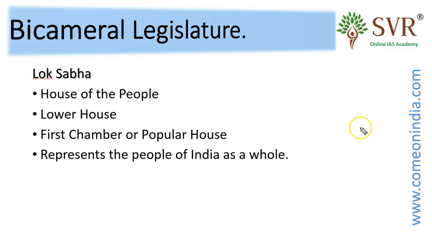The Lok Sabha exercises more power when compared to Rajya Sabha. As of now, we are focusing on the introduction to Parliament, so this is sufficient for Lok Sabha, and we will get a complete picture regarding the Lok Sabha in the coming video lectures.